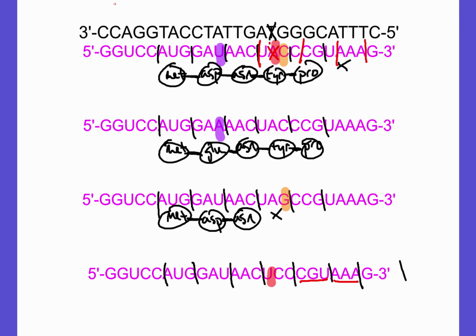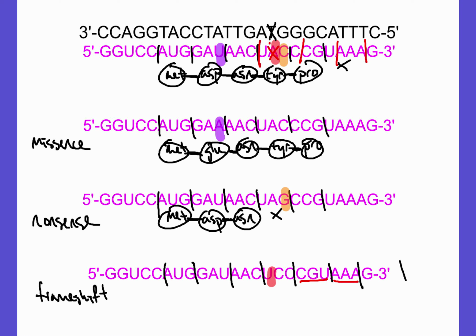So there's a difference between missense, where I just change one amino acid for another, nonsense, where it stops early, and any kind of frame shift mutation, right?